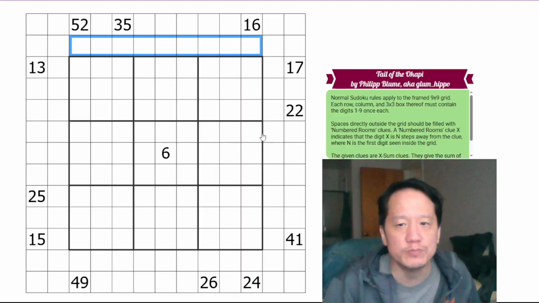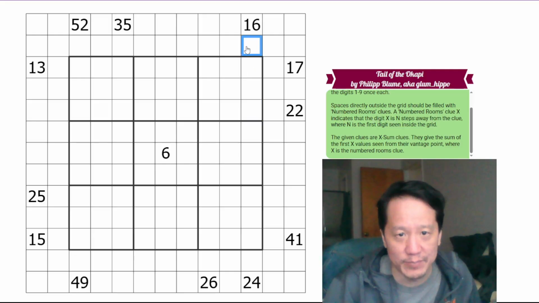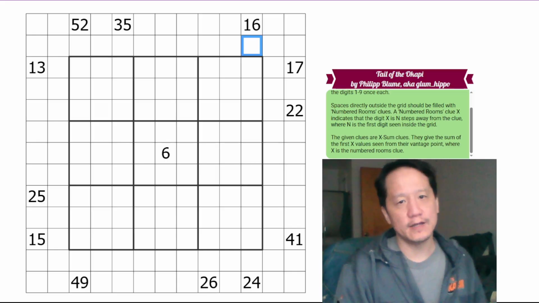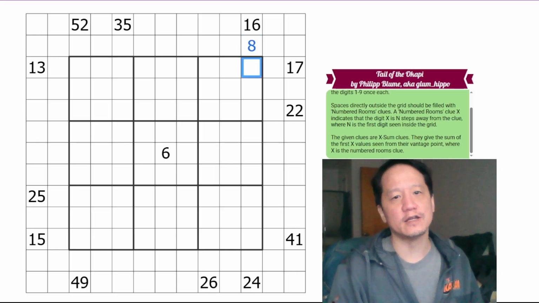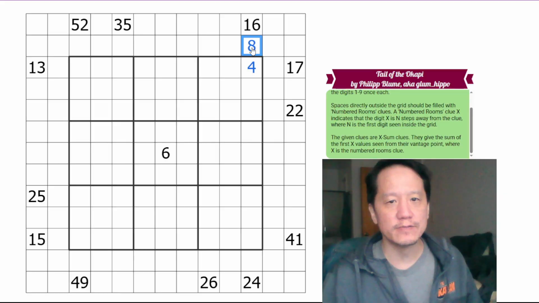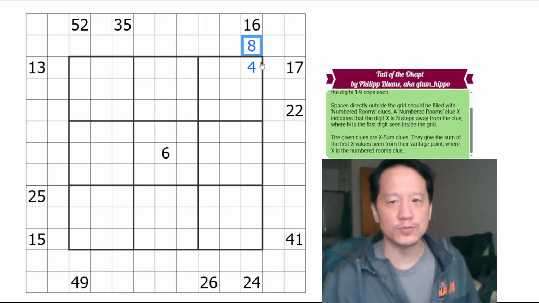A numbered rooms clue, X, indicates that the digit X is n steps away from the clue, where n is the first digit seen inside the grid. For an example, say we had an 8 here and a 4 here. That would mean that 8, which is the numbered room, must appear 4 steps away from the clue: 1, 2, 3, 4.